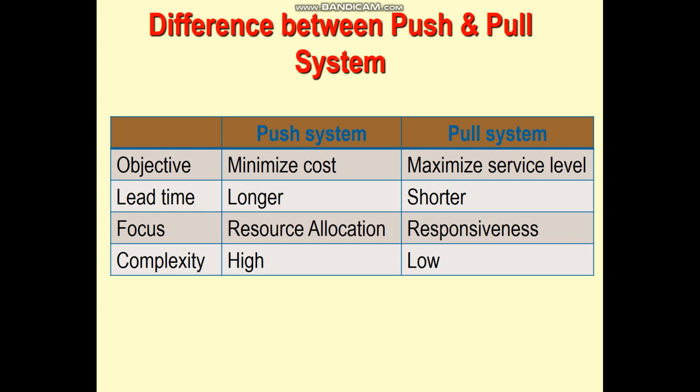For example, they produce many products so that they can reduce their overhead cost, and also reduce the production cost because they do mass production.